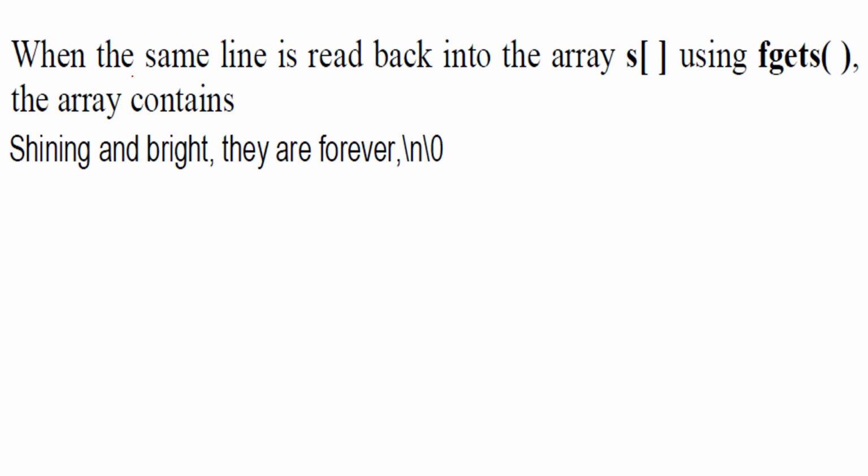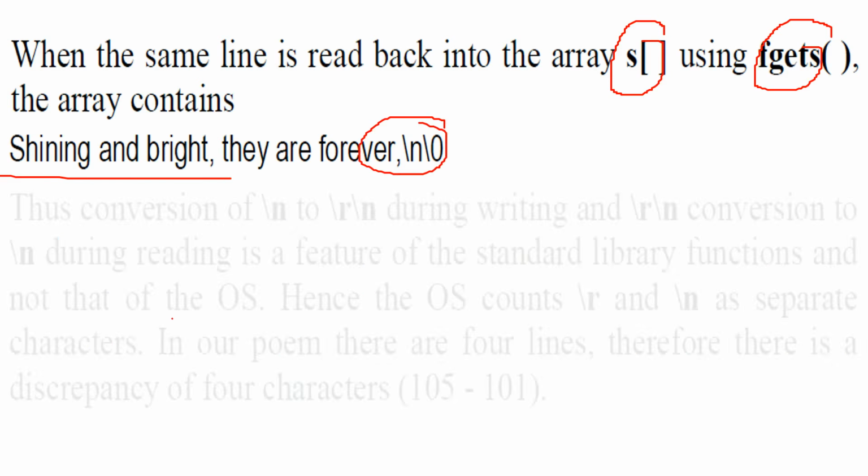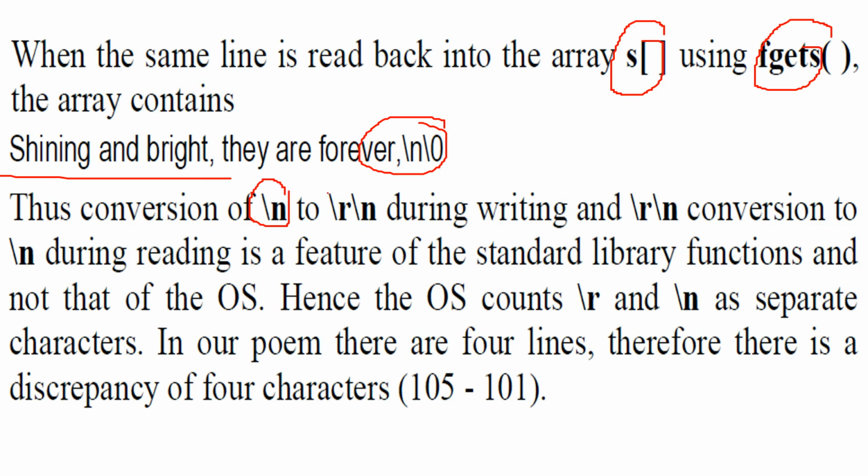When the same line is read back into the character array using fgets, the array will contain not \r\n but \n\0. The conversion of \n to \r\n and then again \r\n back to \n is a feature of the standard library function, not a feature of the operating system.